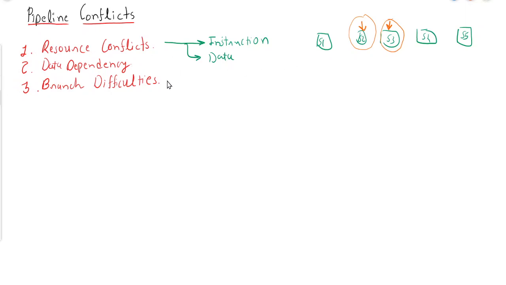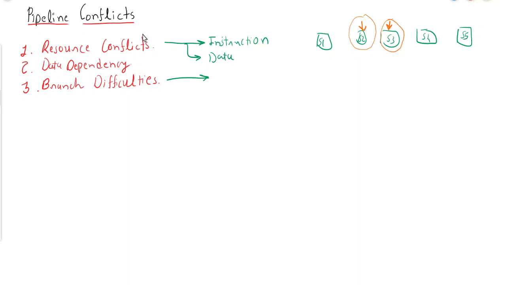And the last one is the branch difficulty. We have discussed branch difficulty yesterday. This is a real problem, because if the pipeline is very large and there is a branch difficulty, then it may be possible that we have to flush the entire pipeline, and it will create some additional delay, or the CPU may not be utilized up to the mark.